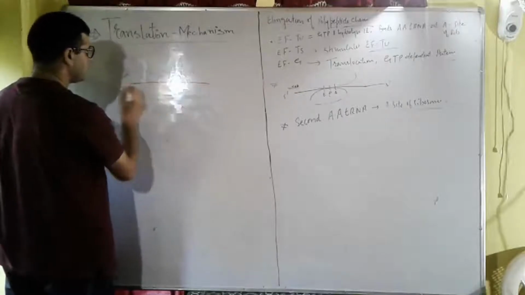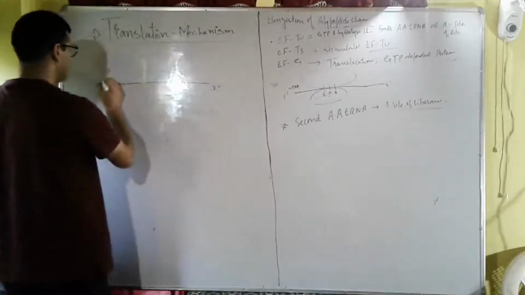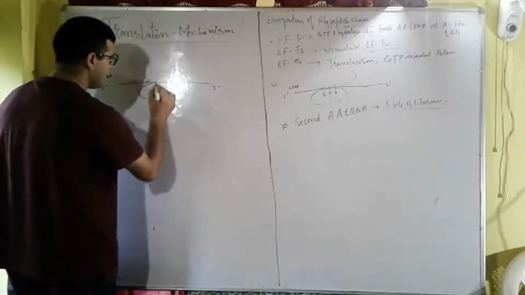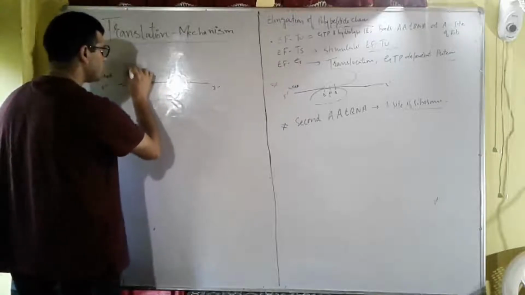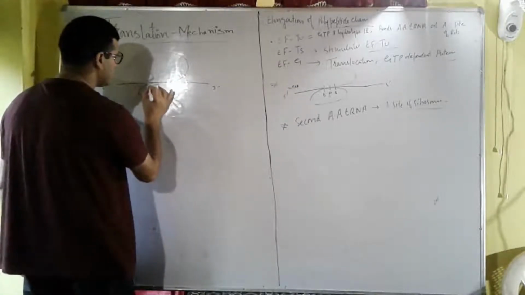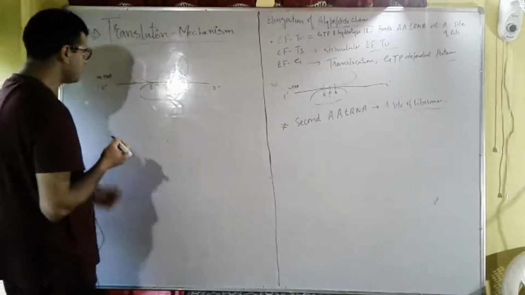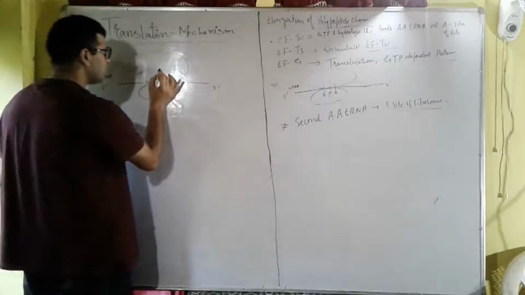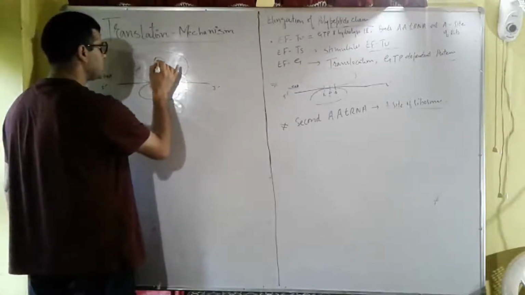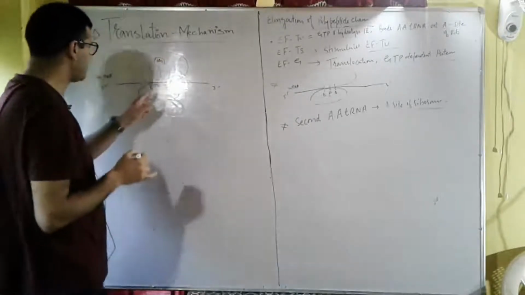It would be like this. We have this messenger RNA, 5' to 3'. Now we have the ribosome. This is the P site, this is the E site, and this is the A site. As we know, the first tRNA, carrying formylmethionine, the first amino acid, is present at the P site.